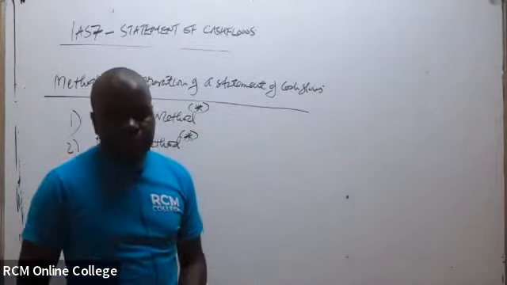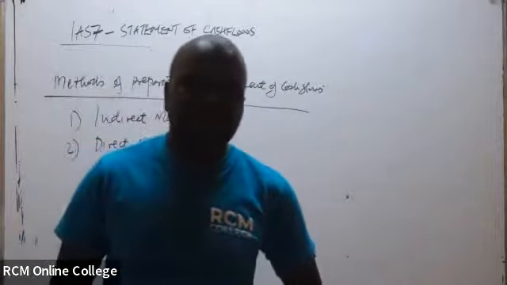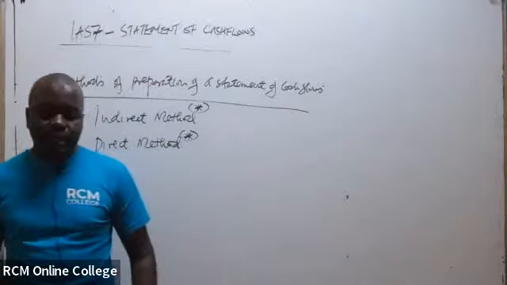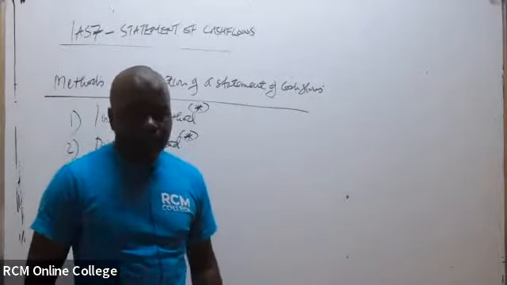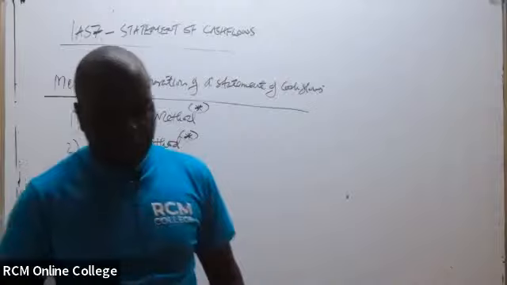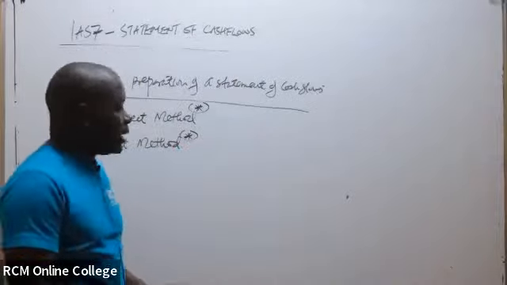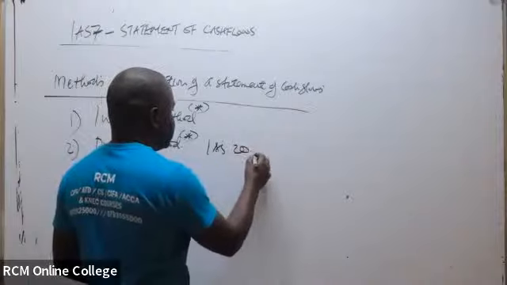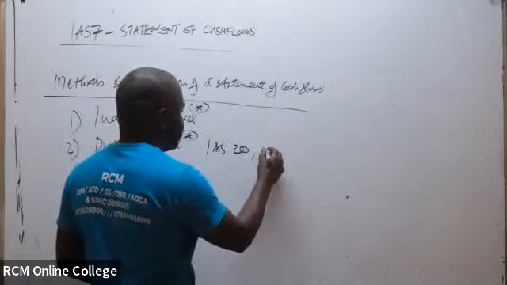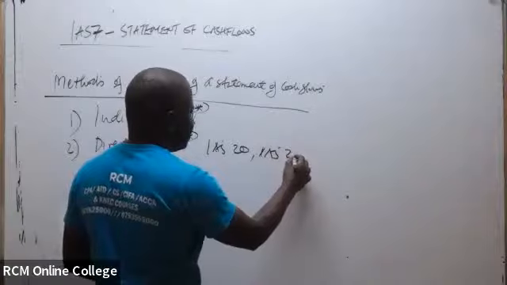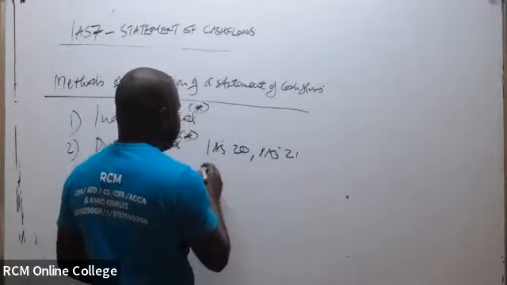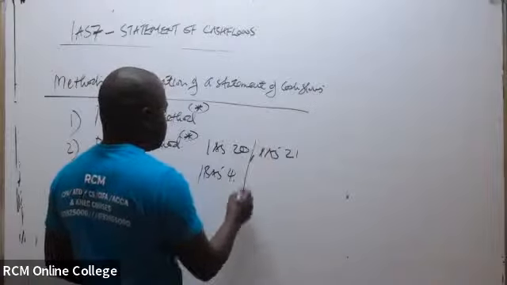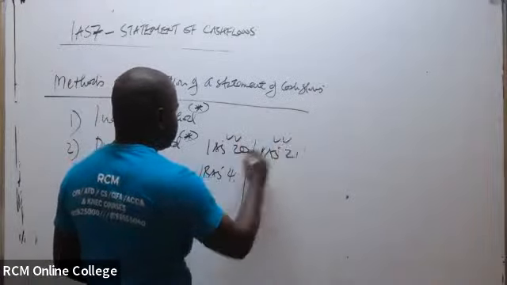So take note also that we did a class during lunch hour on Wednesday, and I shared the notes. In this case, we looked at IAS 20, IAS 21, and IPSAS number 4. So we looked at these three standards.